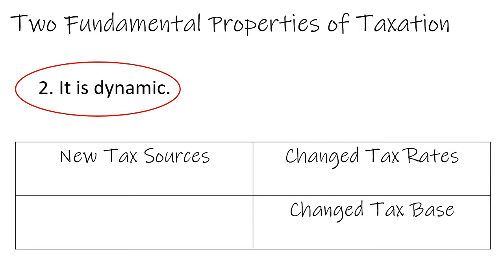The identification of new tax sources is the most controversial way to create new tax revenue because nobody likes new taxes. But the tax rates and the tax base are changed with some regularity.